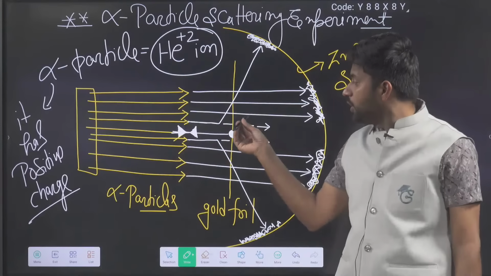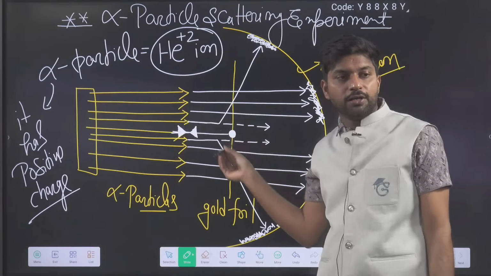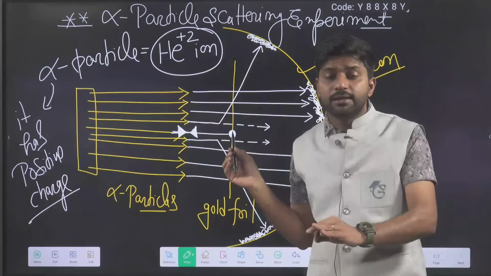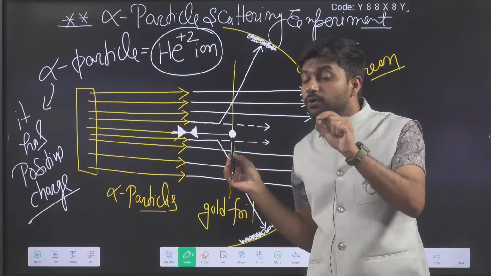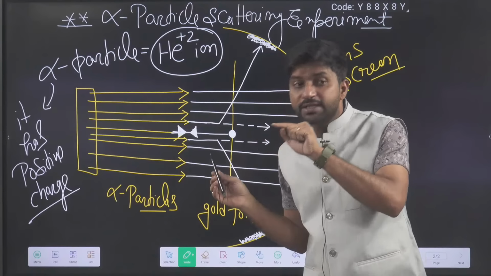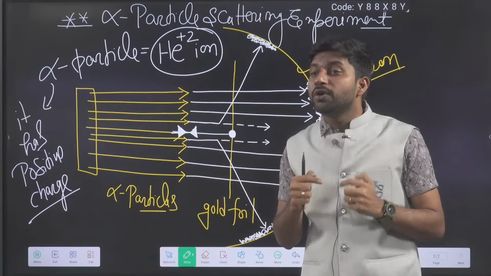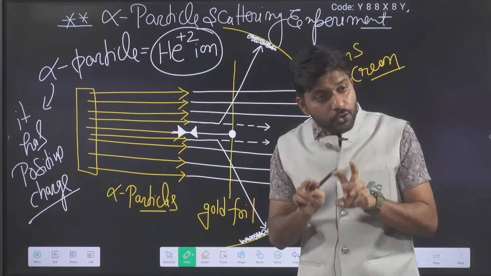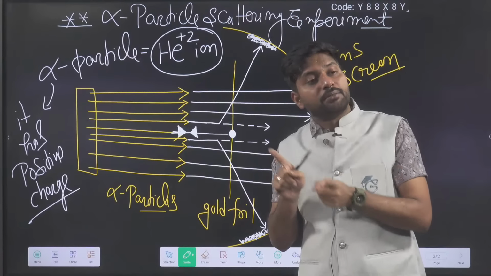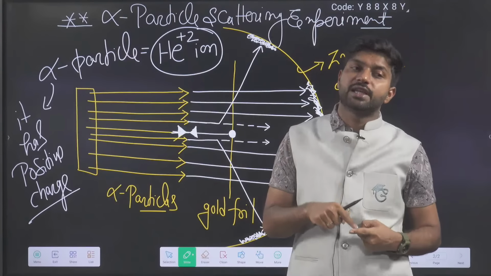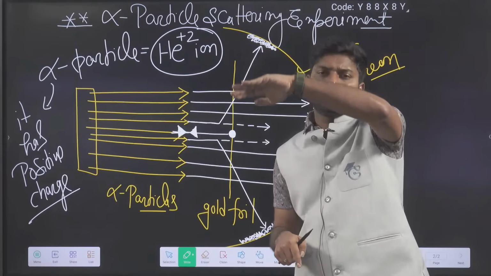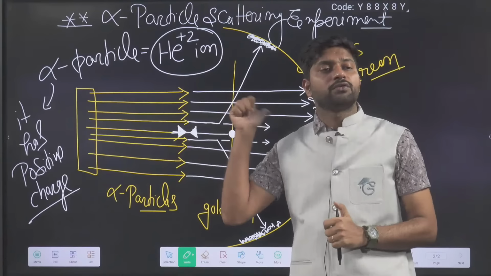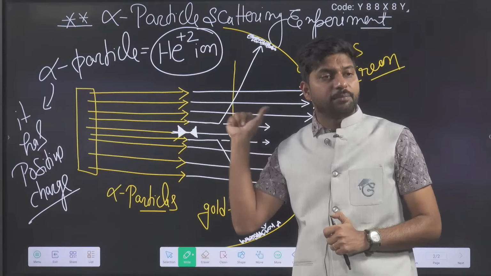In that small volume, not only proton is available, it is a little more heavier. No doubt, some other particle is also available inside that, which, when neutron was discovered, it was said that neutron was also inside that part.